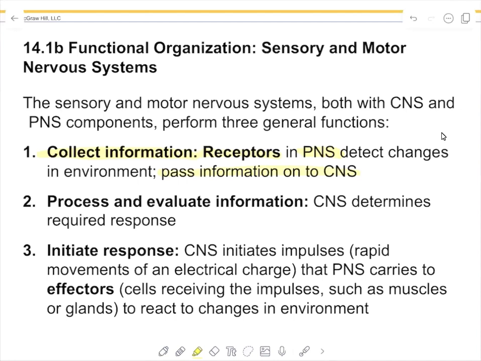Then the processing and evaluation of that information occurs, and that's a job for the central nervous system. And then finally, there are responses that are initiated, where the central nervous system initiates impulses, which are rapid electrical charges, essentially, that the peripheral nervous system carries to effectors.